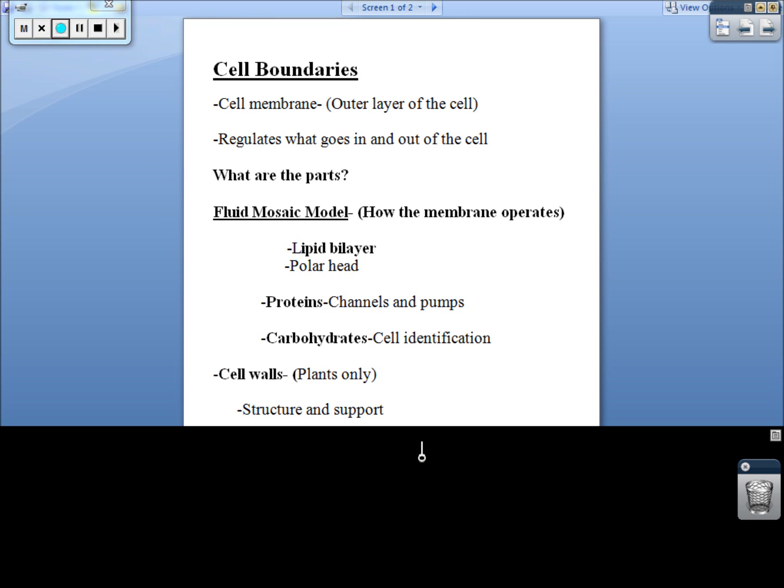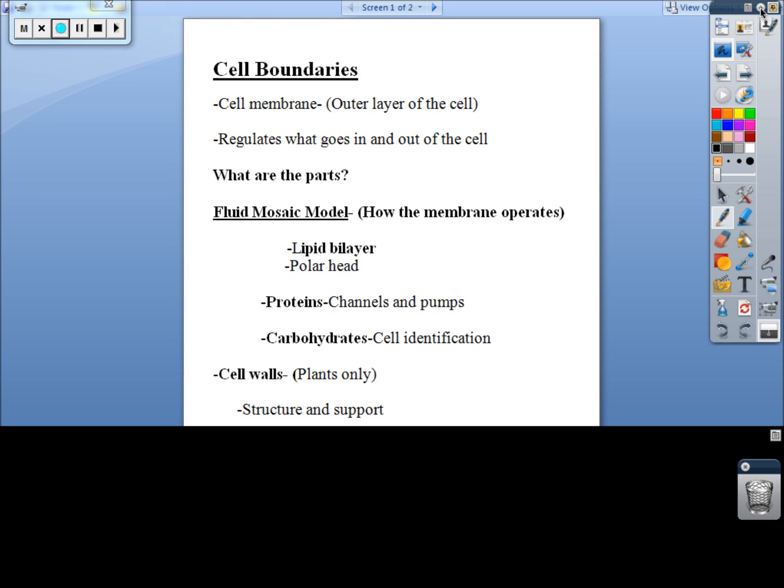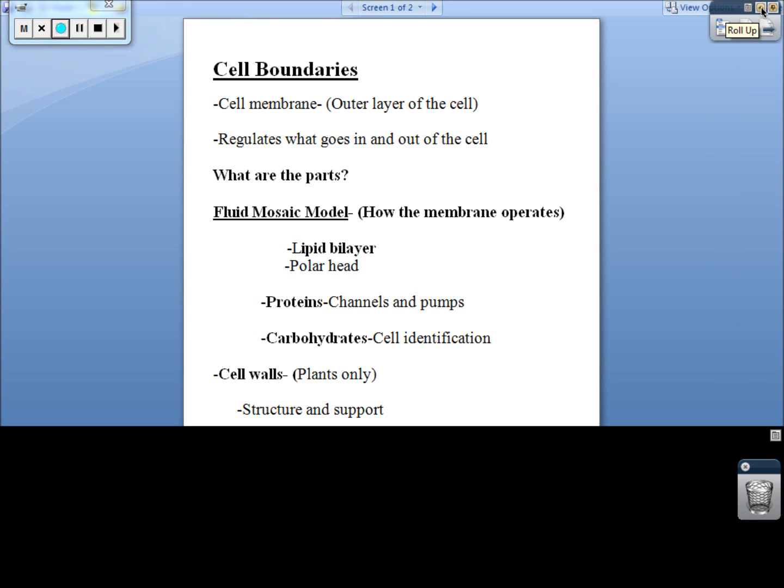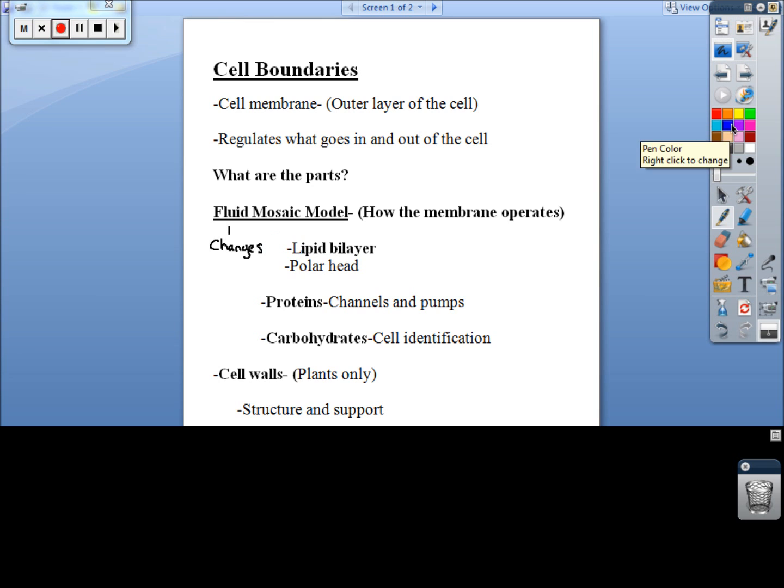It has many different parts that work together. Fluid means that it changes. So if we were going to add these words, we probably want to do that. The fluid idea is that it changes based on the needs of the cell. The membrane changes. So if it needs to let something in, it can let it in. It changes its shape. The mosaic part refers to many different parts.